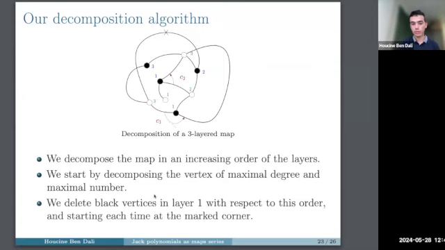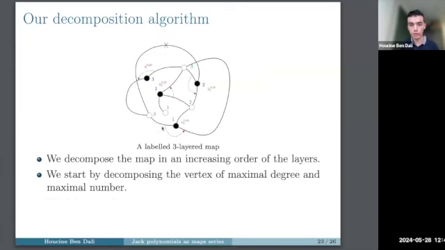In this operation, we start each time from the marked corner. If you remember in the definition of labeled layered maps, each black vertex has a marked corner. So we start with this black vertex, starting from this oriented corner, and then we delete the second black vertex from its marked corner.